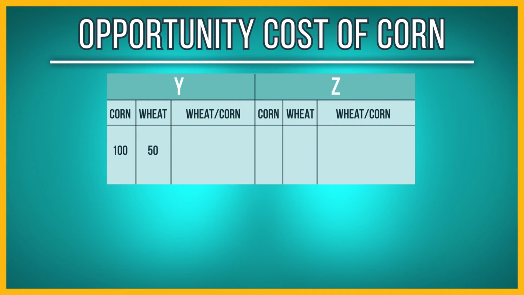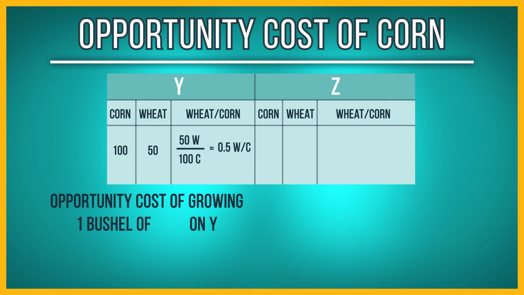Therefore, when Y grows corn instead of wheat, we grow 100 bushels of corn, but give up 50 bushels of wheat. 50 bushels of wheat divided by 100 bushels of corn is 1/2 bushel of wheat divided by 1 bushel of corn, or 1/2 bushel of wheat per bushel of corn. As a result, the opportunity cost of growing 1 bushel of corn on Y is 1/2 bushel of wheat.